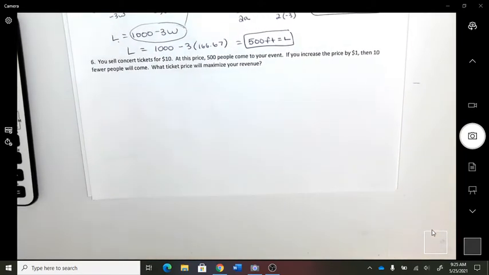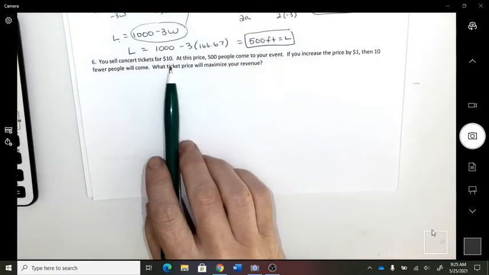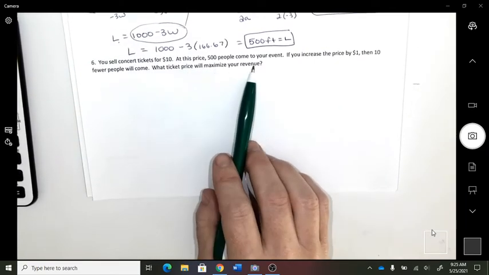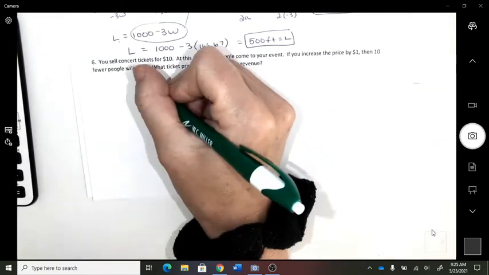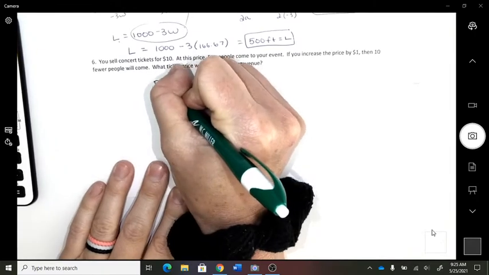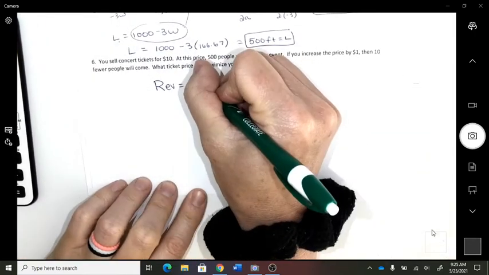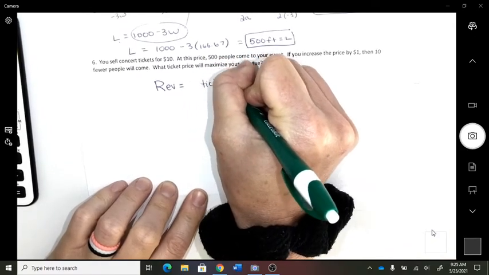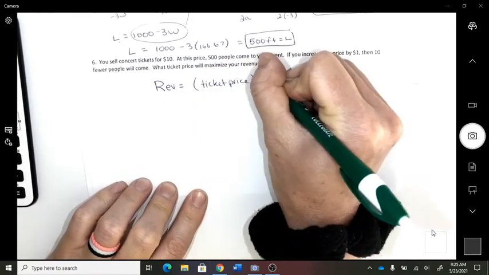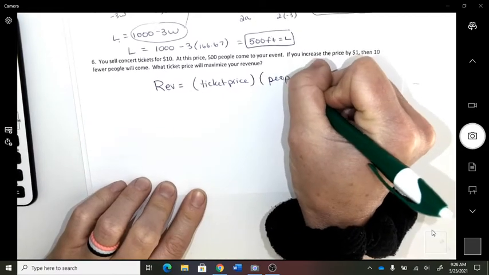Okay. You sell concert tickets for $10. At this price, 500 people come. So let's make this statement. The revenue you make is your ticket price times the people that come.